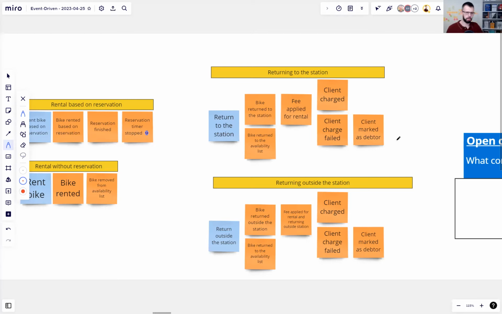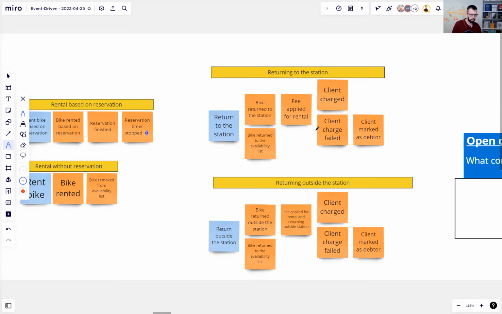Yeah, so at some point the mechanics start to look similar. For different kinds of processes, they could have similar steps, or be used in a different order, but with the same events.